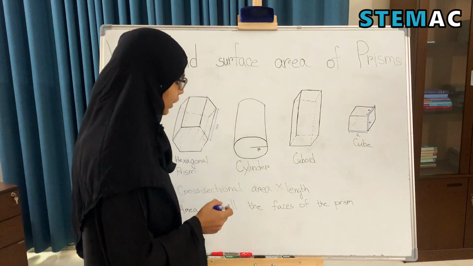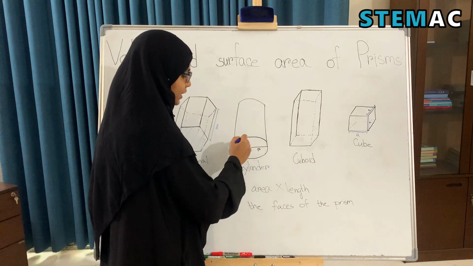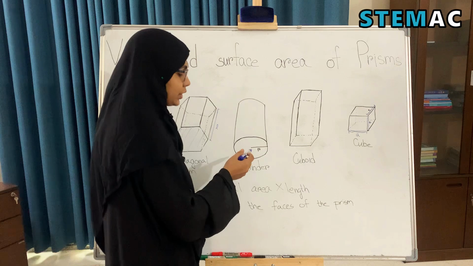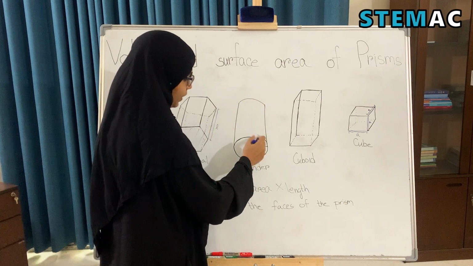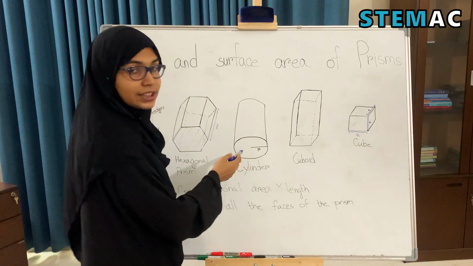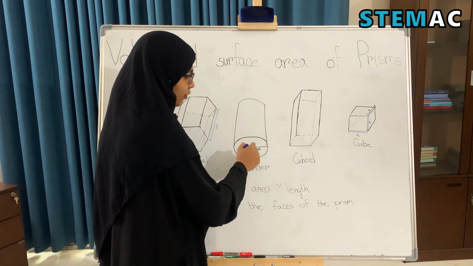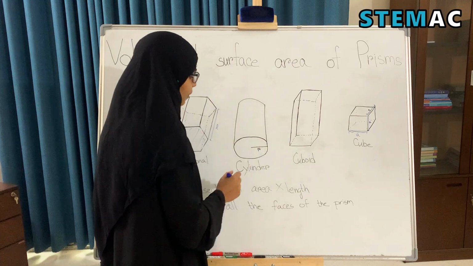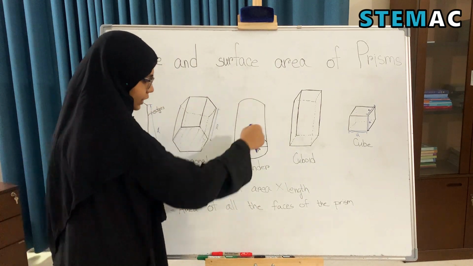For a cylinder, you need the area of this circle. The prism has a circular cross section. So you need the area of this circle and the length of the cylinder.